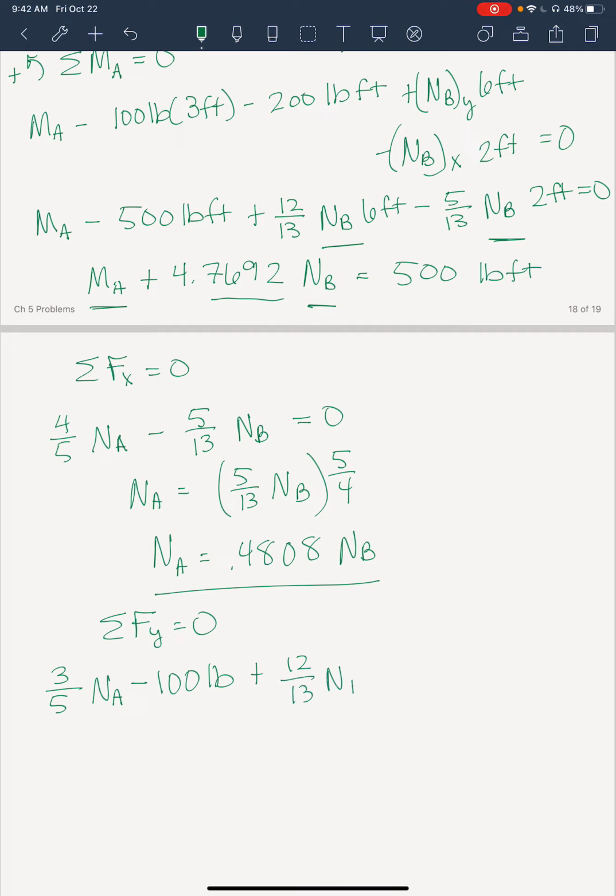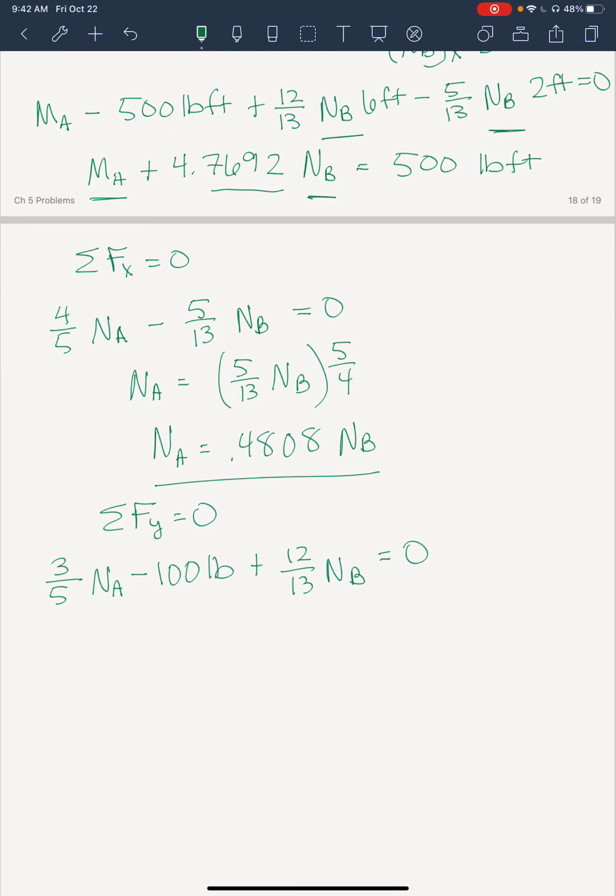It's pointed up, so it's positive. That equals 0. And I'm going to plug this one into that. So we get 3/5 times 0.4808 MB plus 12/13 MB equals 100 pounds.